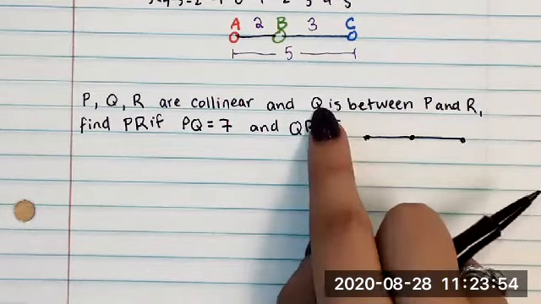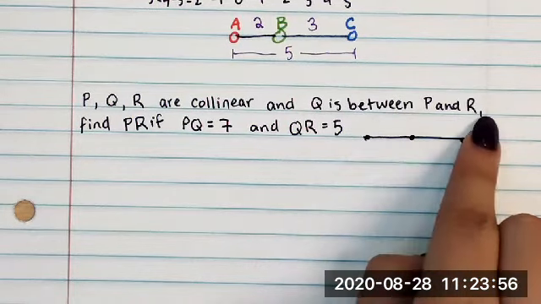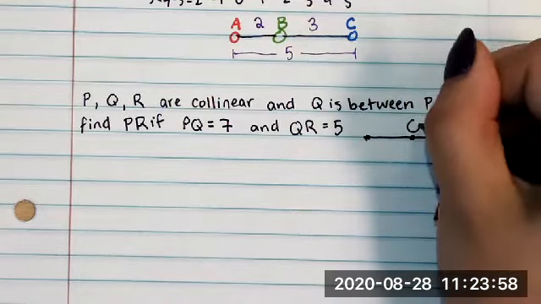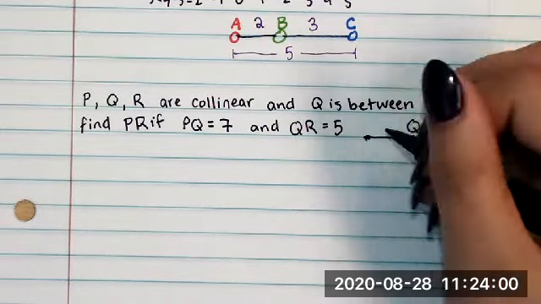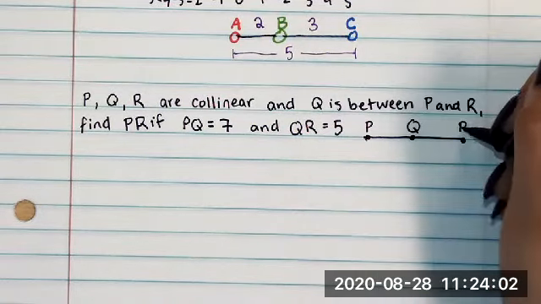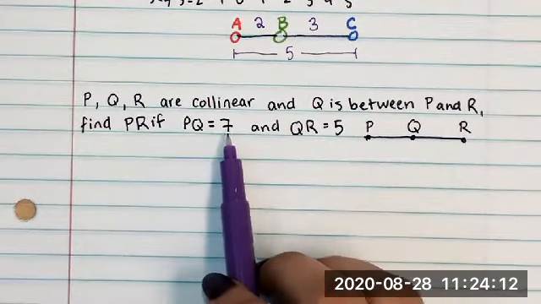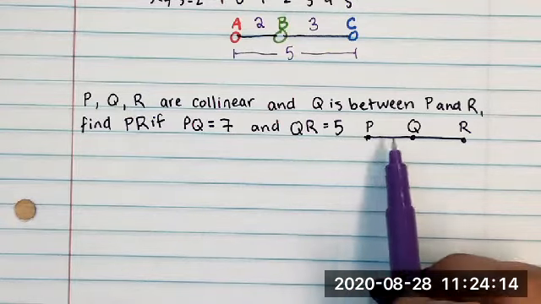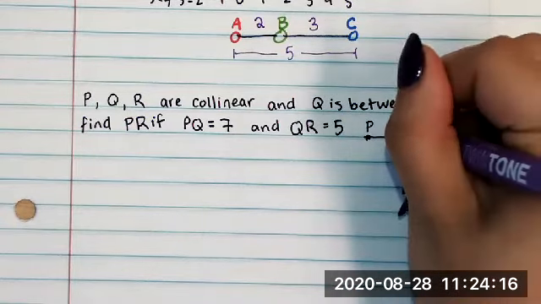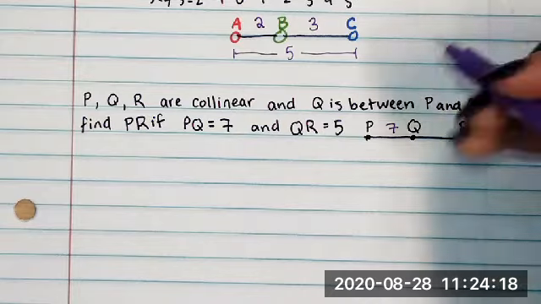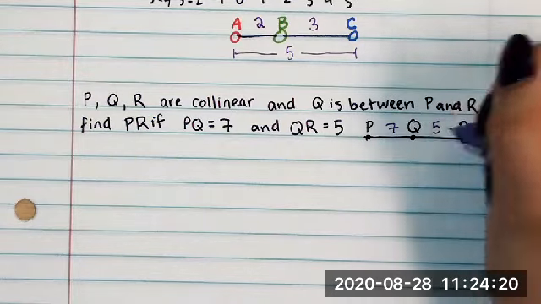And it says Q is between P and R. That means that Q is going in the middle, and then P and R are on the other sides. Now I'm going to take that other information they gave us and fill that in. So it says PQ is equal to 7. So from P to Q is 7. And from Q to R is 5.